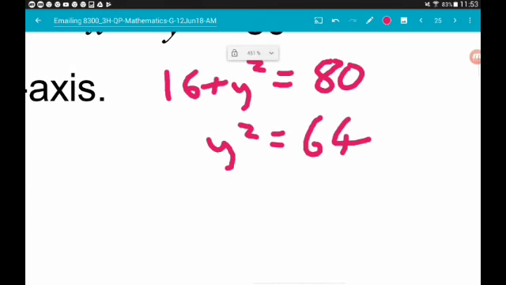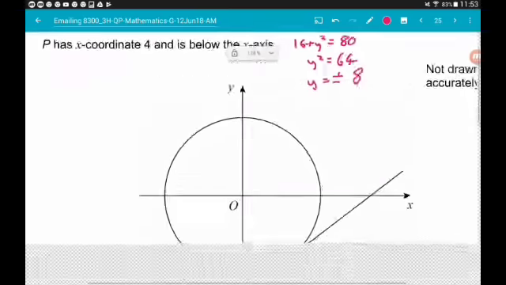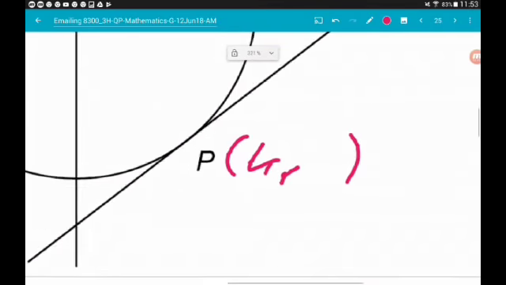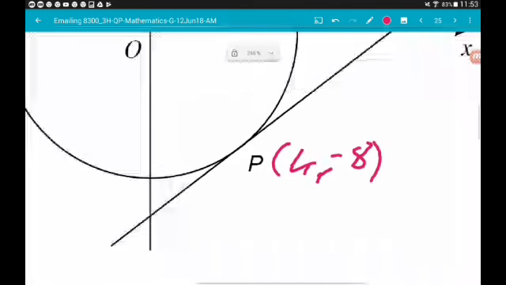Square root, and we get y is plus or minus 8. So remember, we are told we are below the x-axis. So the value that we want is minus 8. So we now know both the coordinates of this point P.